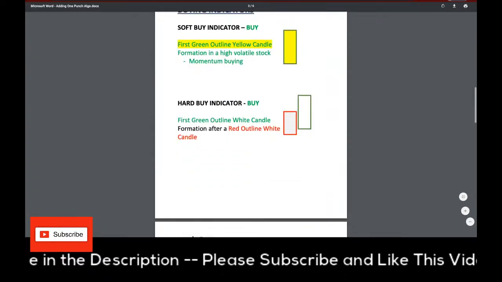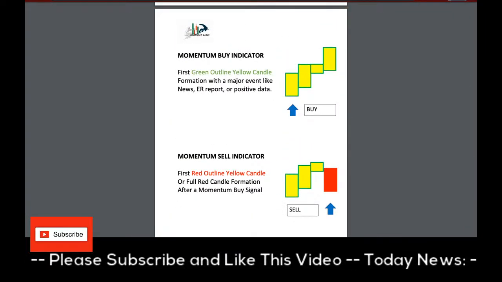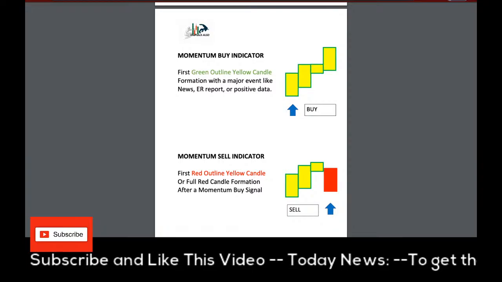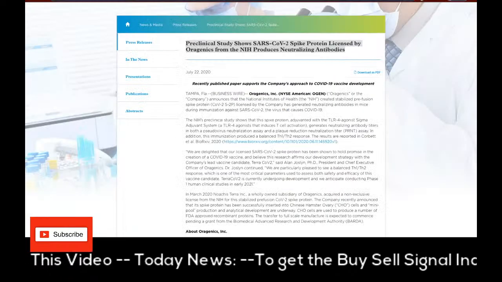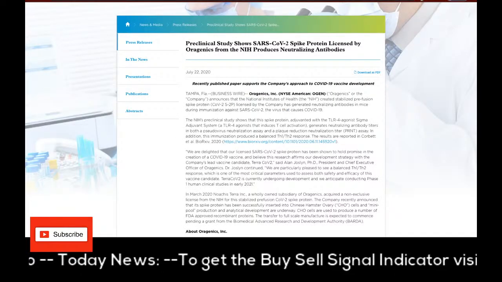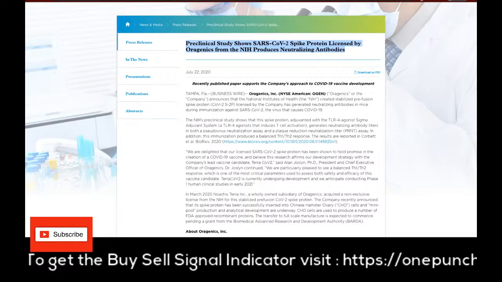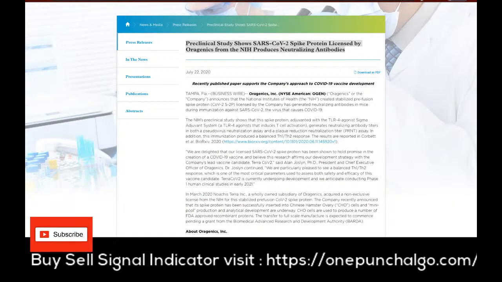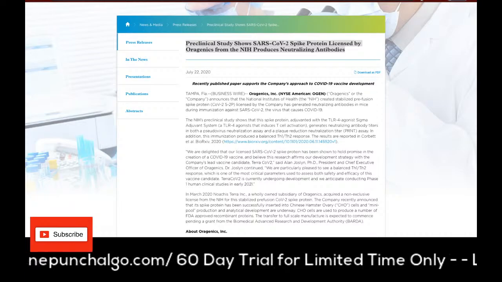Yeah, that's pretty much it. So again, the momentum indicator: first green outline candle formation with a major event like news, earnings report, or positive data. Right, so I'm gonna add this topic into my moving feed for OBLG.